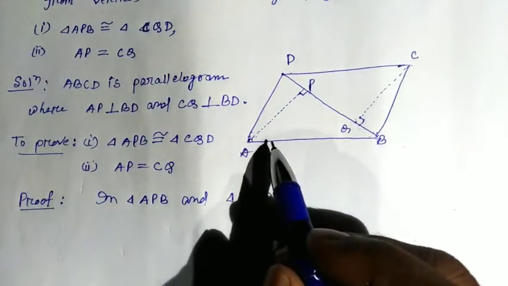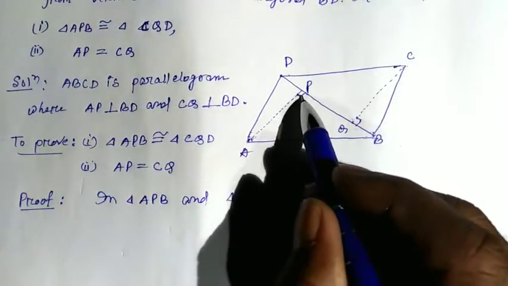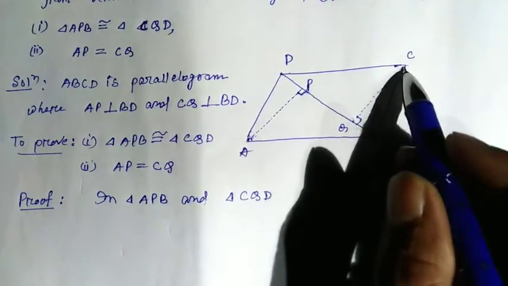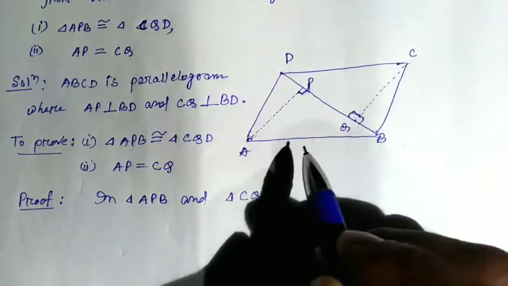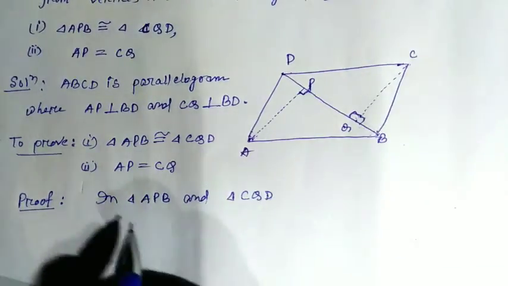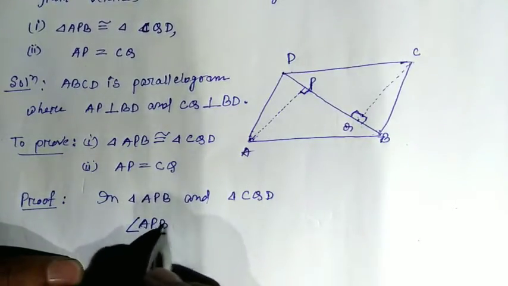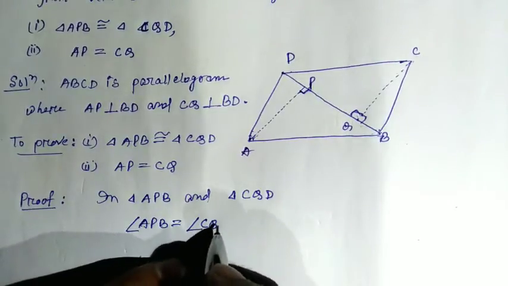Now see, in triangle APB this angle is 90 degrees because AP is perpendicular, and in triangle CQD this angle is 90 degrees because CQ is also perpendicular to BD. So we can write angle APB is equal to angle CQD.